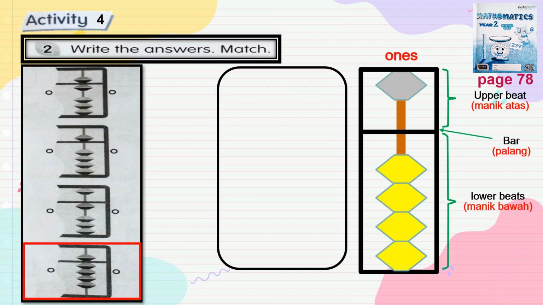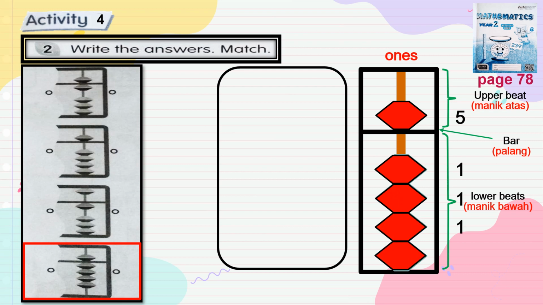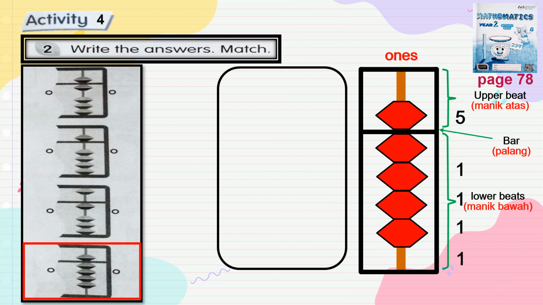The last abacus. When the upper bead moves down to the bar, it represents a value of 5. Then, when 4 lower beads move up to the bar, each bead represents a value of 1. Now, let's count. 5 plus 1 plus 1 plus 1 plus 1 is equal to 9.